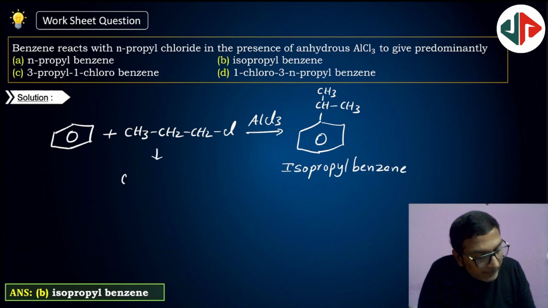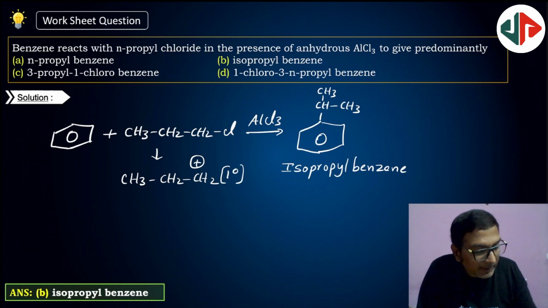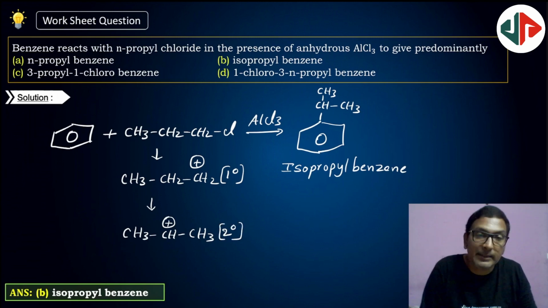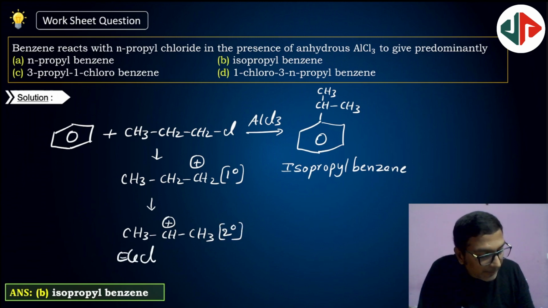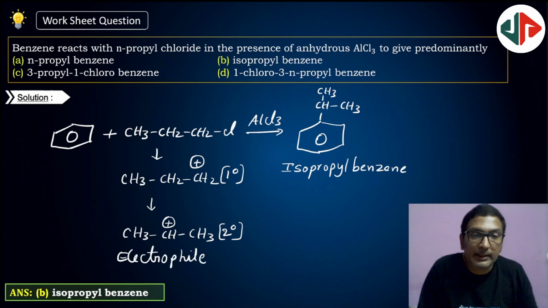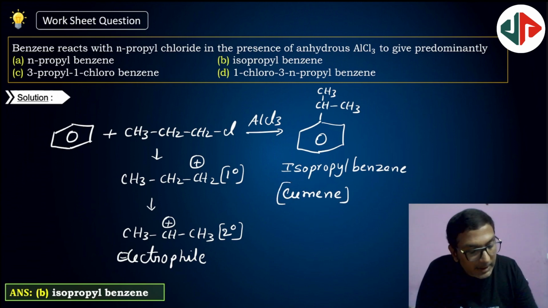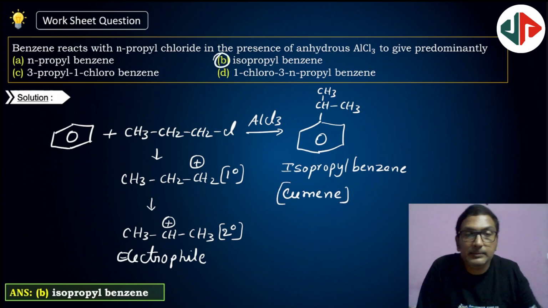So first here CH3CH2CH2+, a primary carbocation, will be formed, which on rearrangement gives a secondary carbocation which is more stable. So this is the electrophile here. That can attack the benzene ring to form isopropyl benzene, which is known as cumene. Cumene, option B. Next.